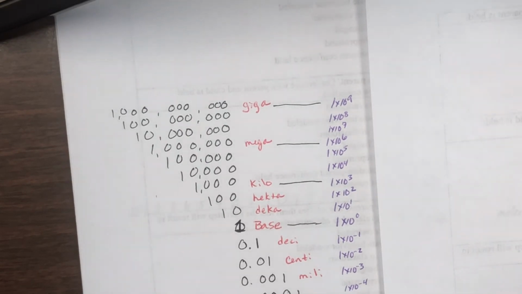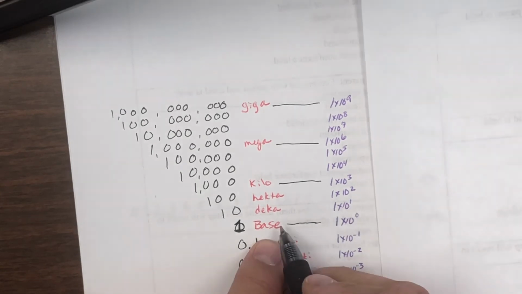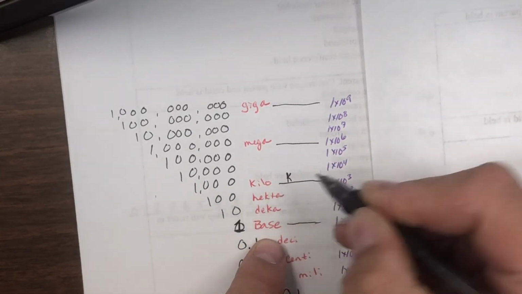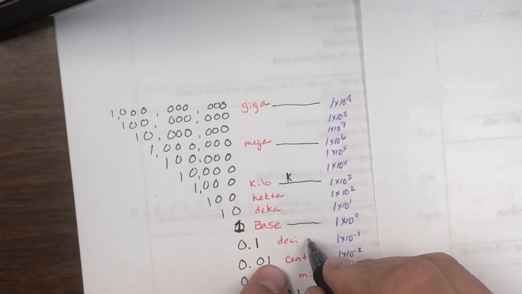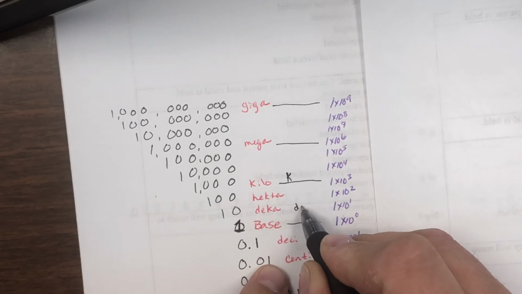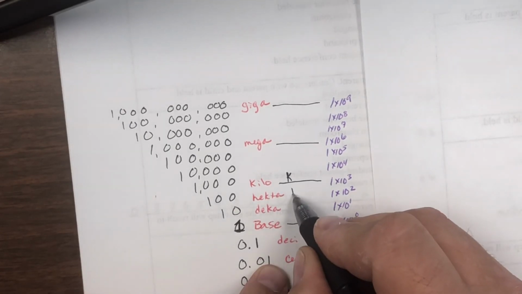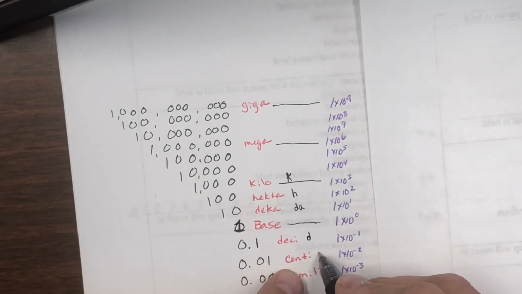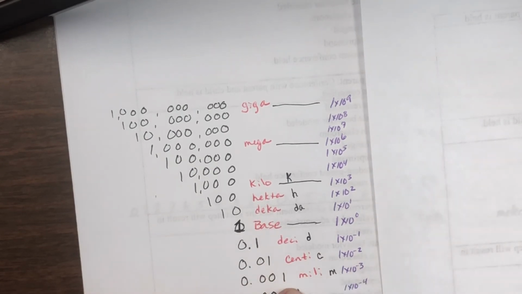The other part of this is, if this is your base unit, we need to understand that kilo has the abbreviation of a lowercase k. This is a lowercase d. The deca, if you ever come across that, is going to be DA. Hecta, I believe, is an H or an HA sometimes. This is a lowercase c, lowercase m.